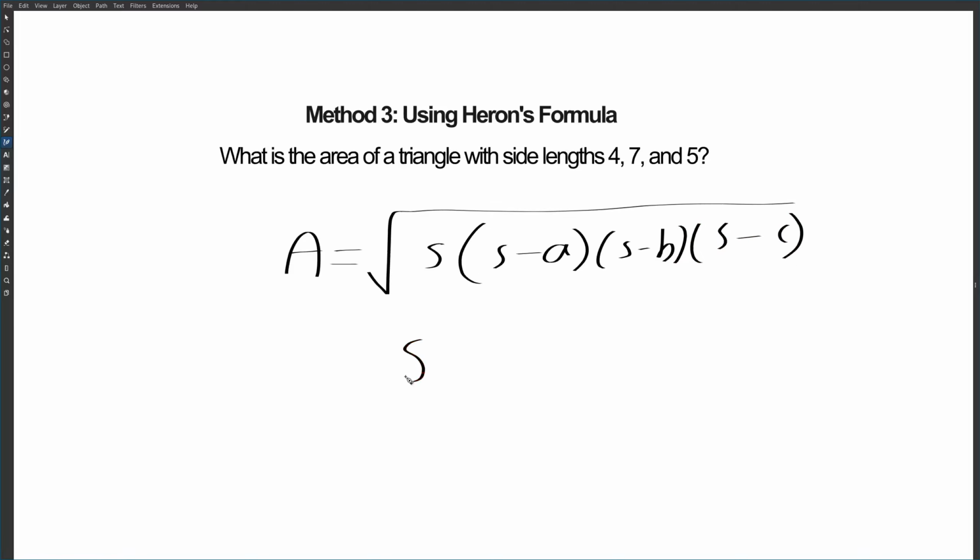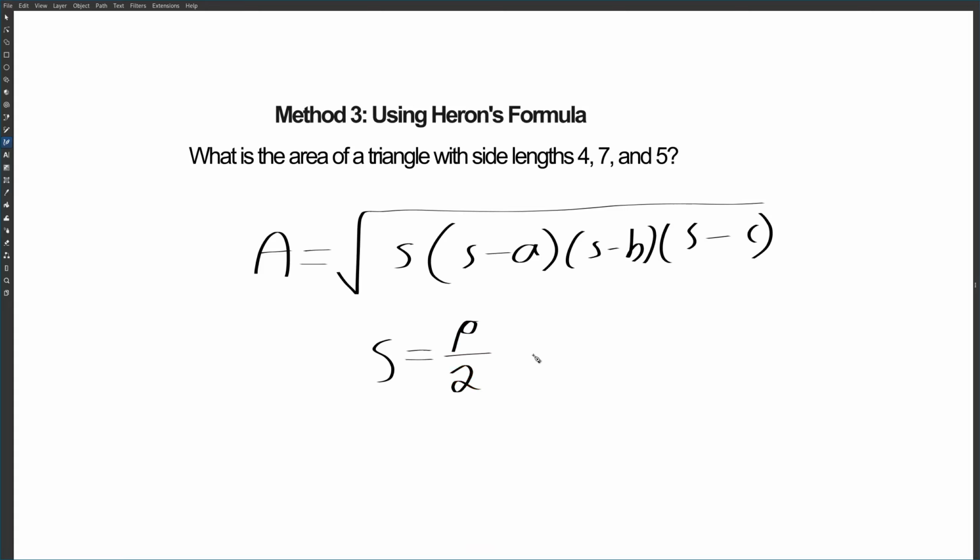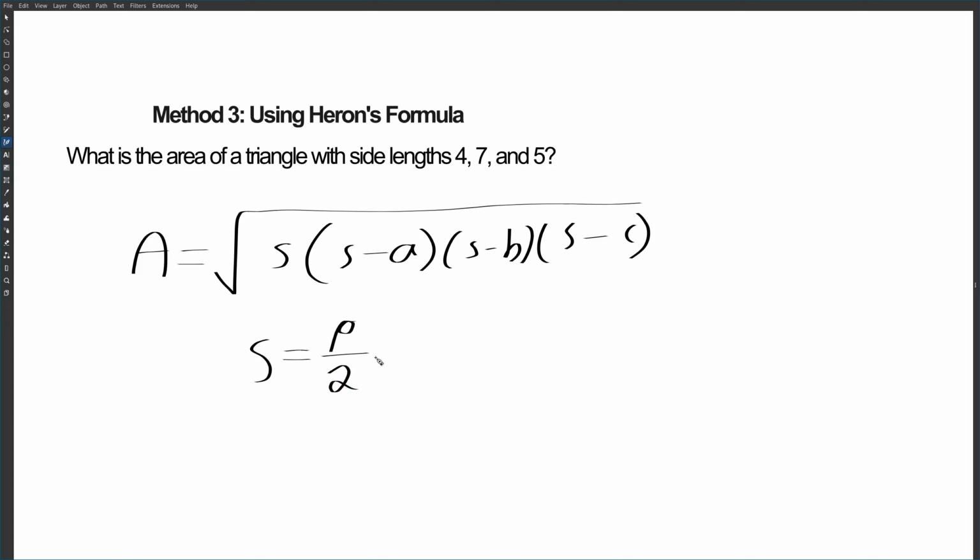Well, S stands for semi-perimeter. And breaking it down, if you have a semi-sphere, that's half of a sphere. So semi-perimeter is half the perimeter. Okay, and the perimeter is going to be 4 plus 7, 11 plus 5, so 16. So 16 divided by 2 is S.